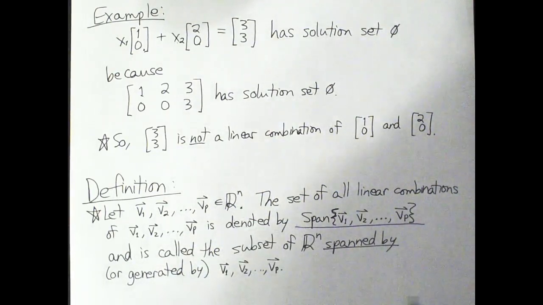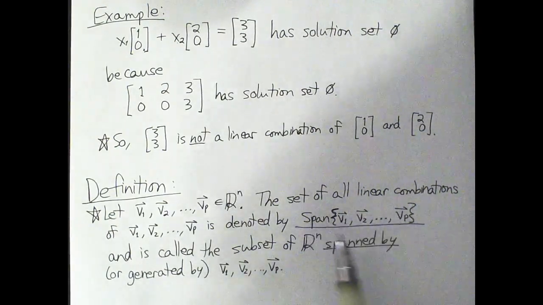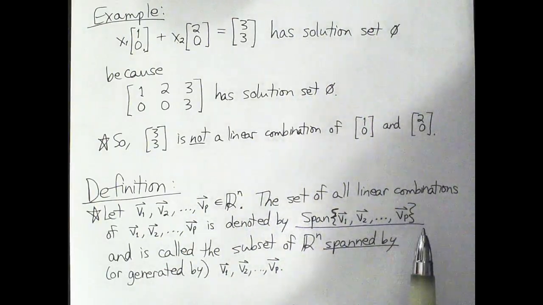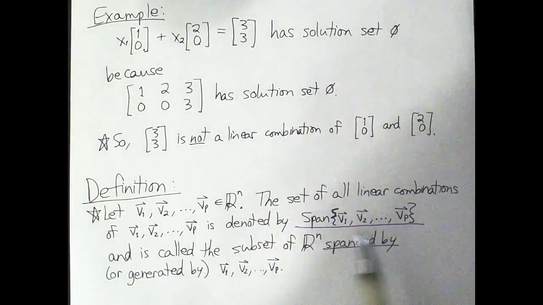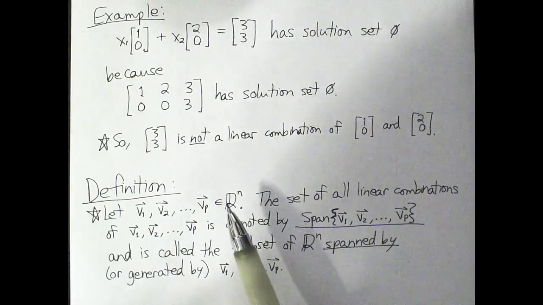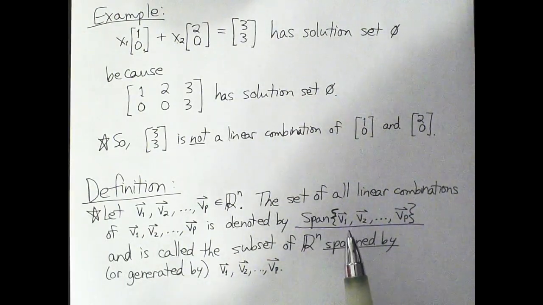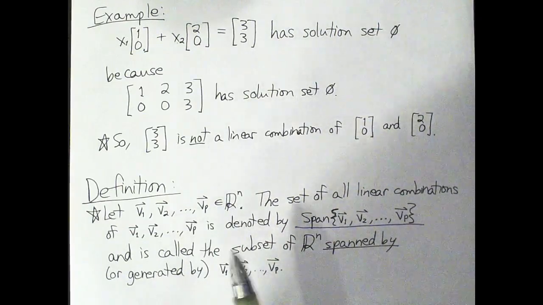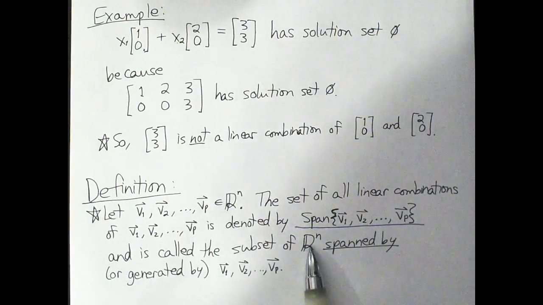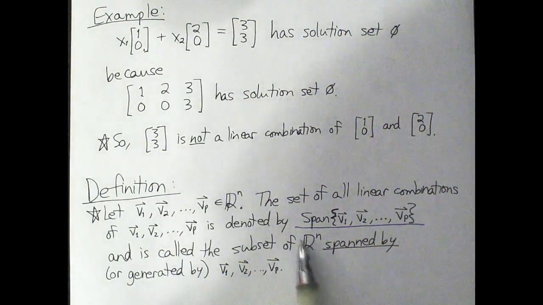Because there's so many different combinations that you could make. You could add the 10 vectors together with various weights in front of them. So really, this is a very large set. It might actually be so large that it might be equal to Rn. It might give you every possible vector of that size, or it might not. It's a subset of Rn. We know that for sure. In some cases, it could be all of Rn.